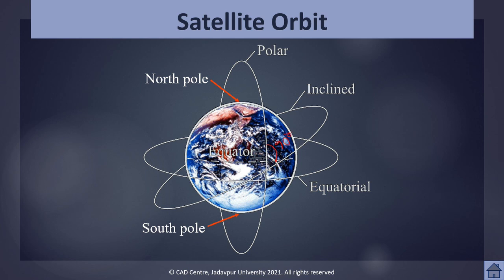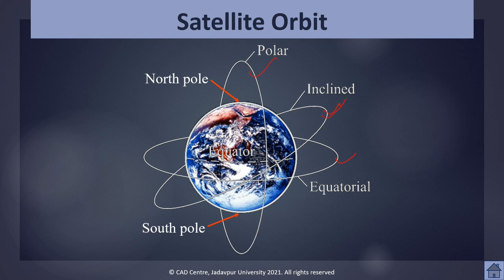So this is called polar orbit, and the satellite may also have other angles in between 0 degree and 90 degree, and these are called inclined orbits. So this is the equatorial orbit, this is the polar orbit, and this is the inclined orbit.